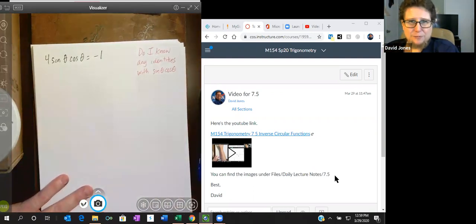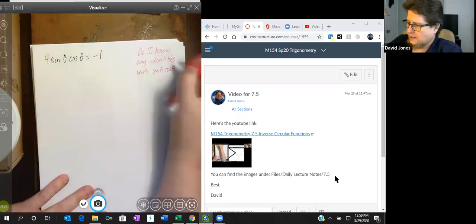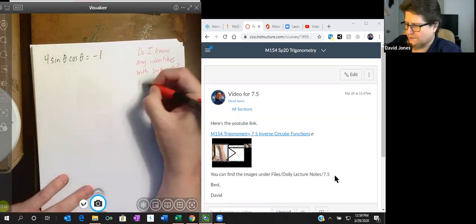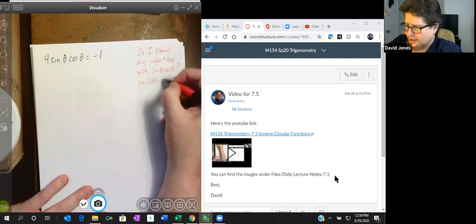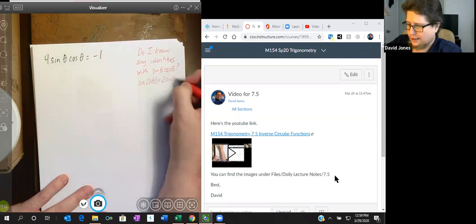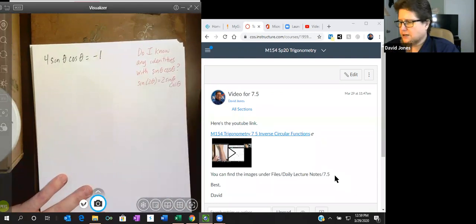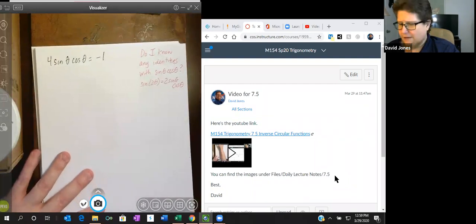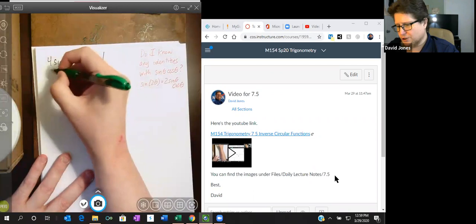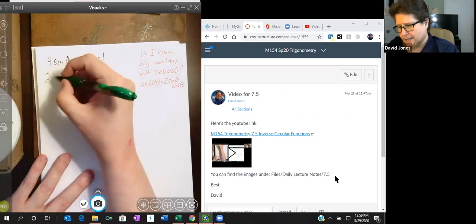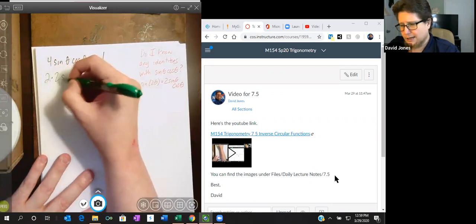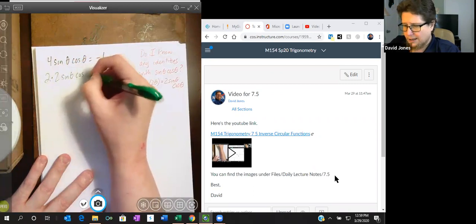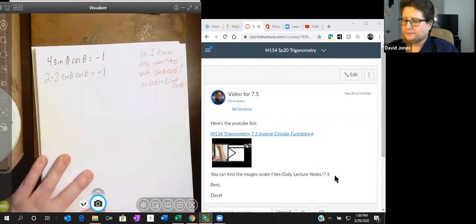Well, there's those product to sum ones. Those are lame. But I do know sine of 2 theta is 2 sine theta cosine theta. So maybe I can rewrite that like this. If I make this 4 into 2 times 2, I can say that's 2 times 2 sine theta cosine theta equals -1.